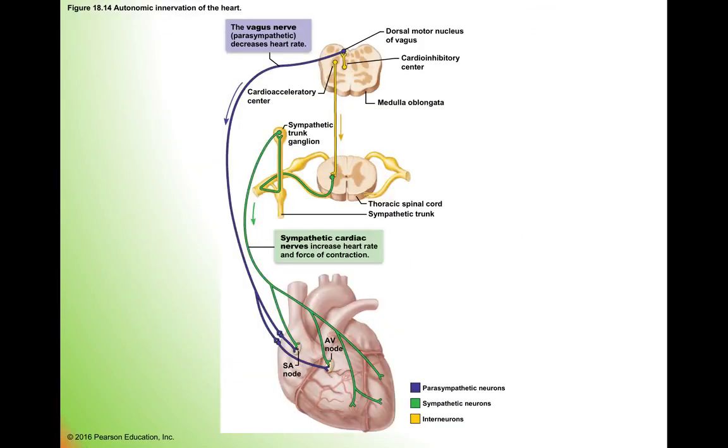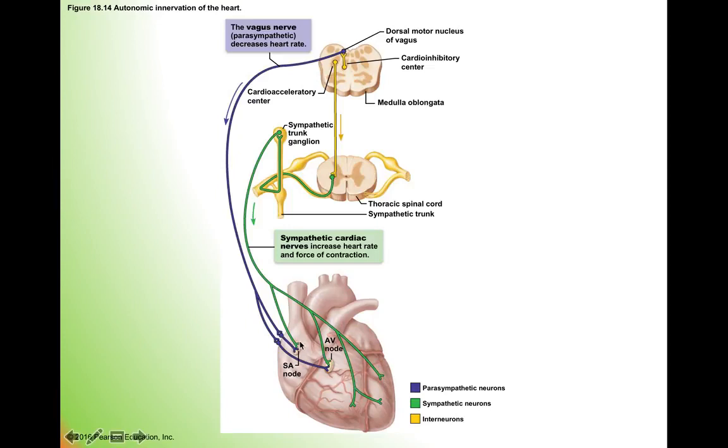Here is a description of what I'm describing. Let's start with the green line. The green one is representing your sympathetic nervous system, which is again targeting the SA node and the AV node. You see other branches, but they're not as efficient.